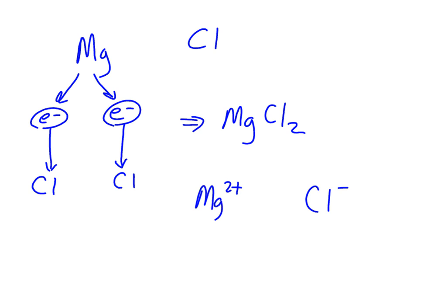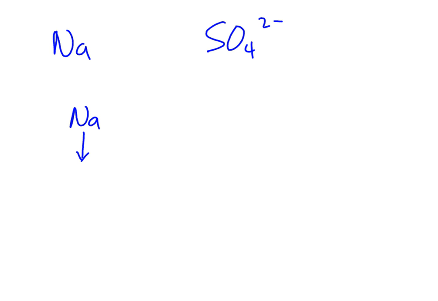The other one that you'll see is with perhaps a polyatomic ion. So if I take sodium and sulfate, SO4. Now, this sulfate ion is going to tend to have a 2- charge. It wants 2 electrons. Well, again, if we go through the mental work here, sodium will give up 1 electron.